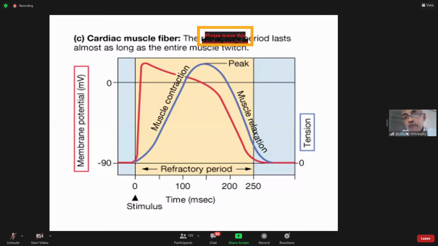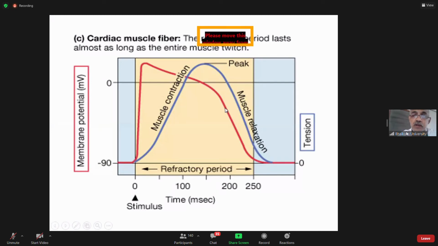So during the absolute refractory period, you cannot have a second stimulation. At the end of the absolute refractory period, 70% of contraction is complete. If successive stimulation is occurring, an action potential can be generated only after it. So the result is you cannot have summation of contractions in cardiac muscle.